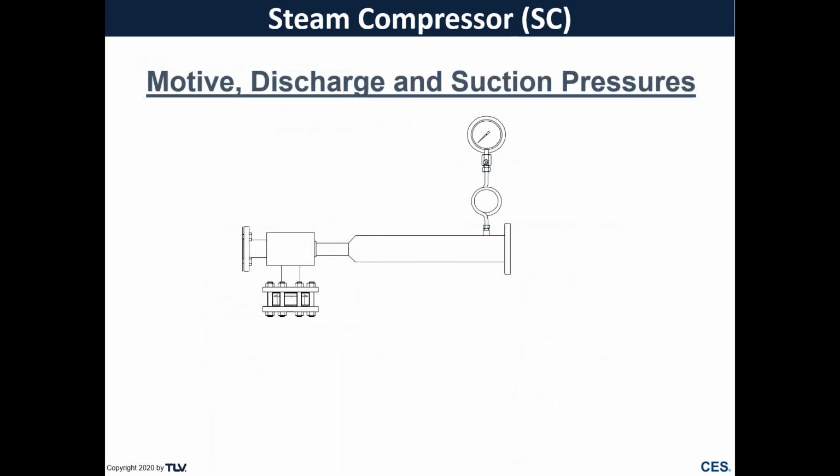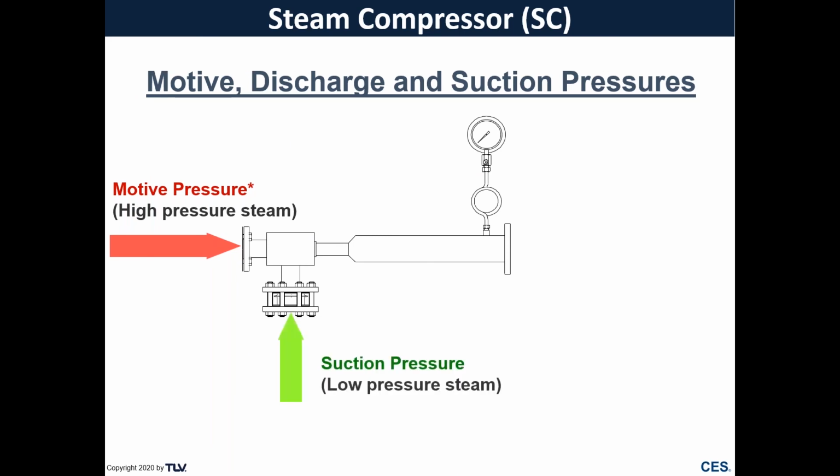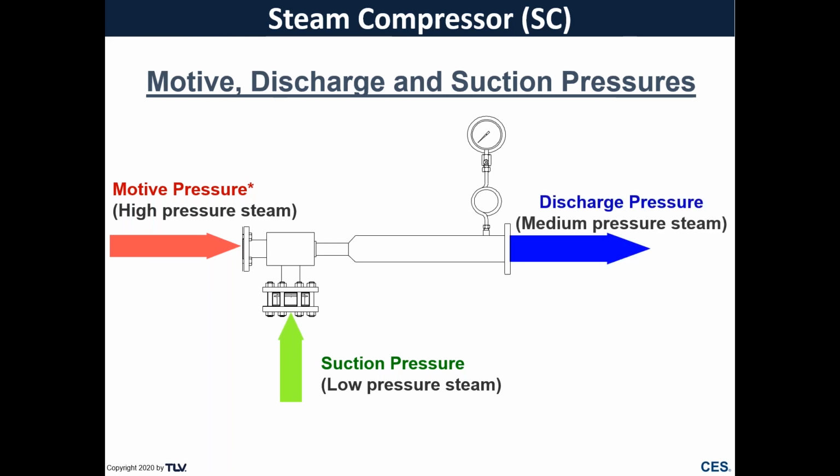So what does this ejector system look like? What actually goes on here? We have a motive source, a high pressure steam source that is going to be sent through the inlet of our ejector. And we have our suction pressure, which is our low pressure steam, once being sent through a vent and rejected to atmosphere. We're going to mix those two flows, resulting in a usable medium pressure steam.